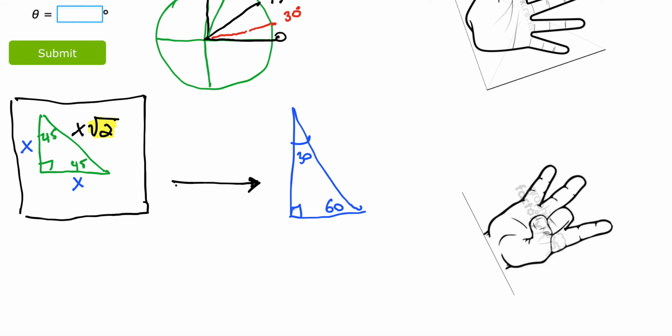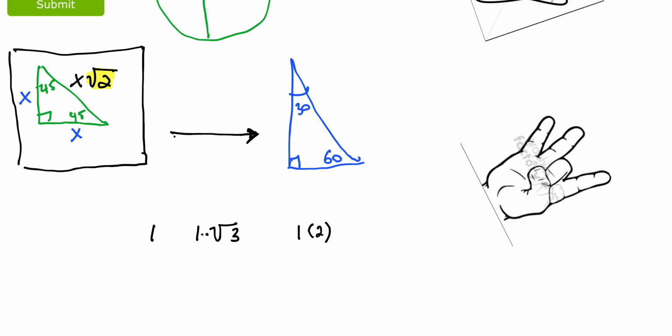And if you think about it, let's say we're comparing 1, and then 1 times the square root of 3, and 1 times 2. Which of these values is the largest value? 1 times 2.